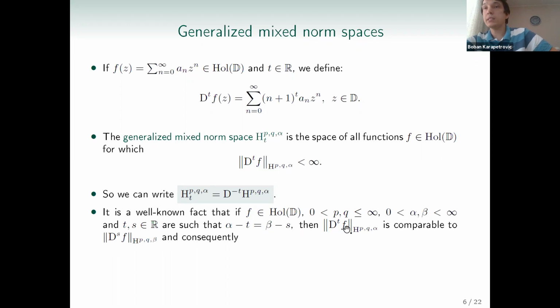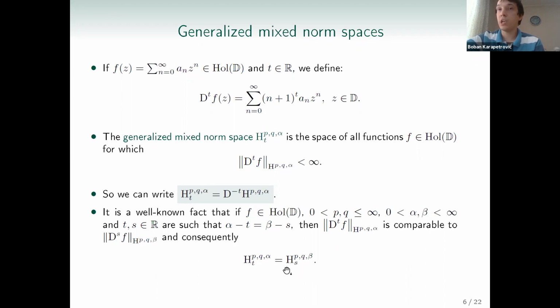Then this H^{p,q}_alpha norm of the fractional derivative of order t of f is comparable to the H^{p,q}_beta mixed norm of the fractional derivative of order s of f. So we have this relation. Under this condition, H^{p,q}_{alpha,t} is the same space as H^{p,q}_{beta,s}.